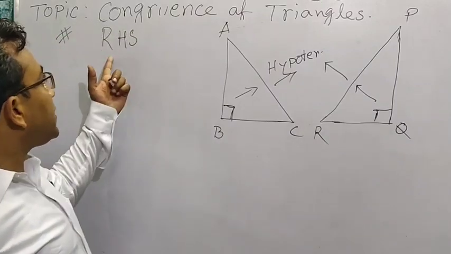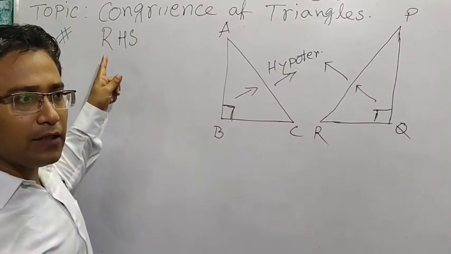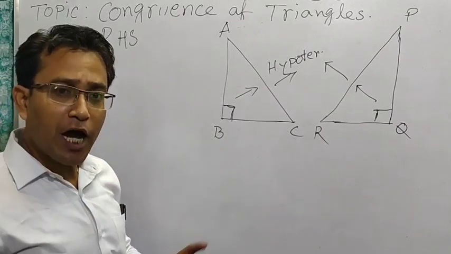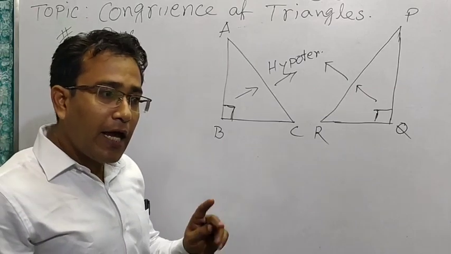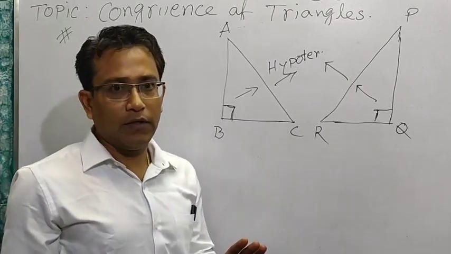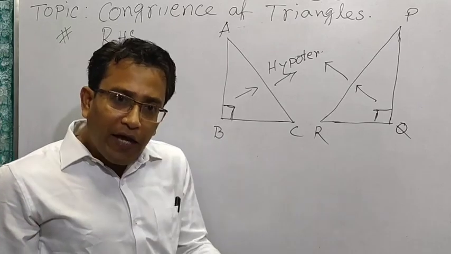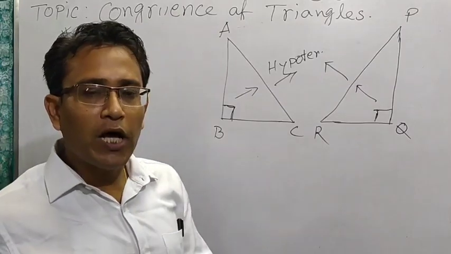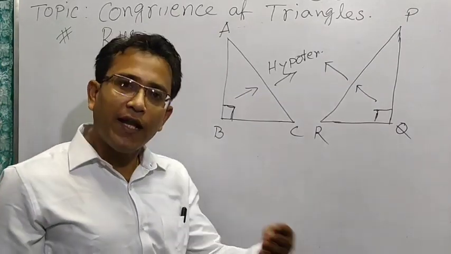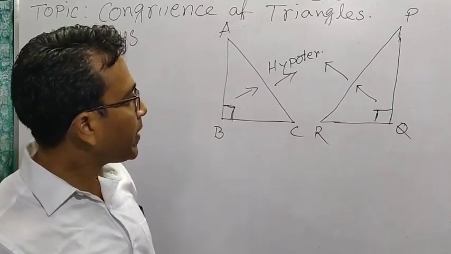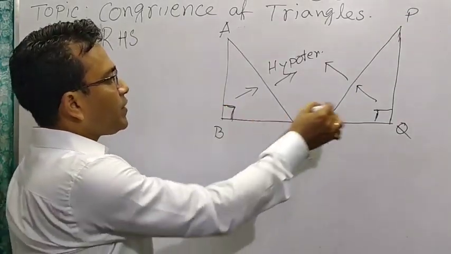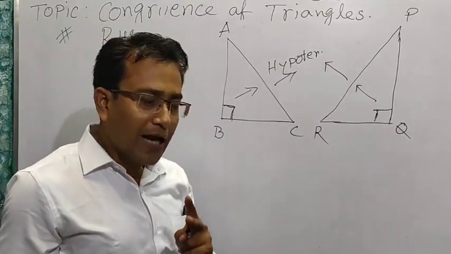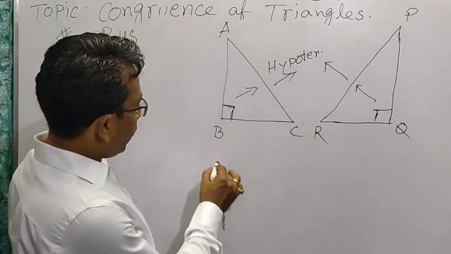Now, in this criteria, two right angled triangles are congruent if their hypotenuse and any one of the remaining two sides of one triangle are equal to the corresponding sides of the other right angled triangle. Here ABC and PQR both are right angled triangles.